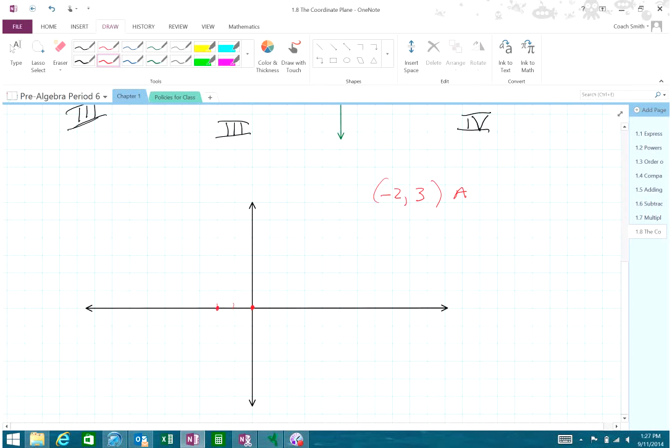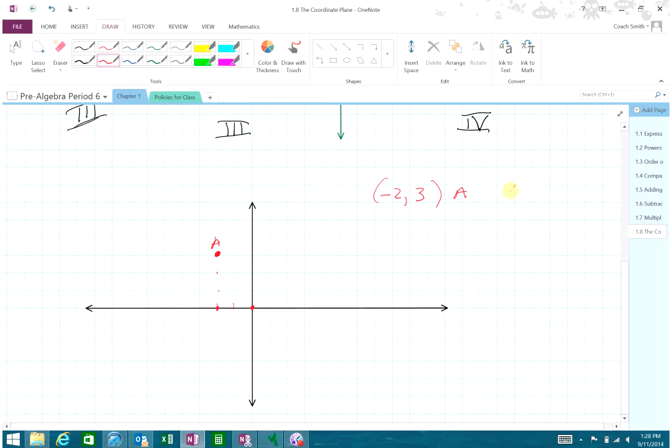So there's -2, and I would go up or down for 3. Up, because it's positive. So 1, 2, 3. So that is point A with the coordinates -2 and +3. Okay, I started at 0, went to the X, then went to the Y.